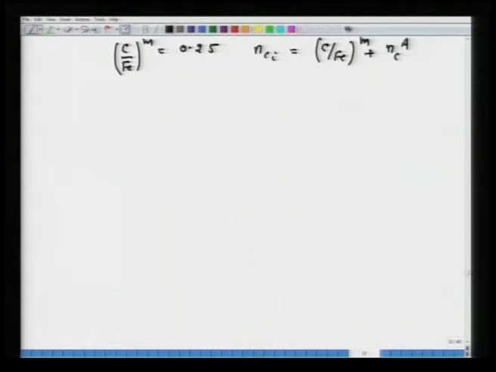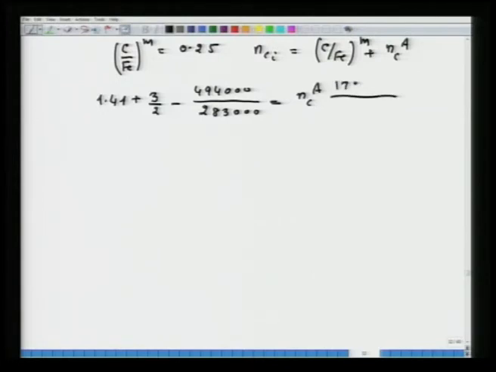So, let us substitute the value, that is 1.41 plus 3 by 2 minus the demand for iron with 5% carbon we already calculated, that is minus 494,000 upon 283,000, that is equal to NCA, 172,000 upon 283,000. So, from here we can calculate easily NCA, that will be equal to 1.91.